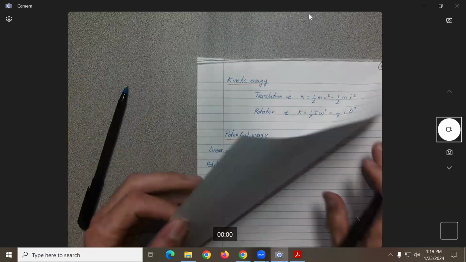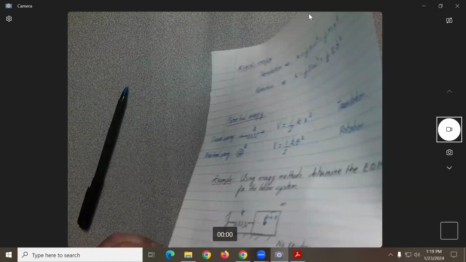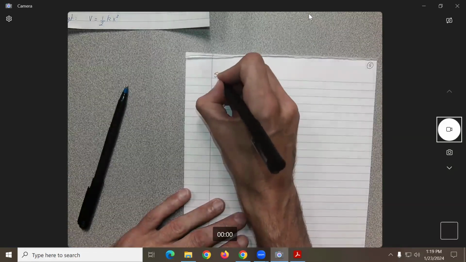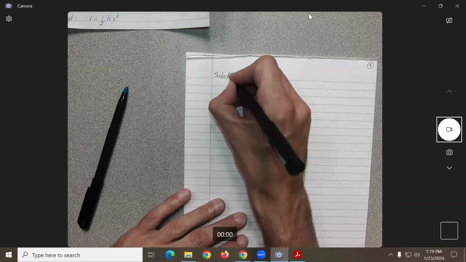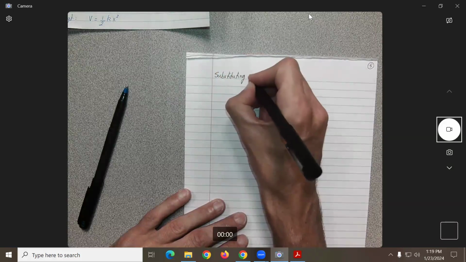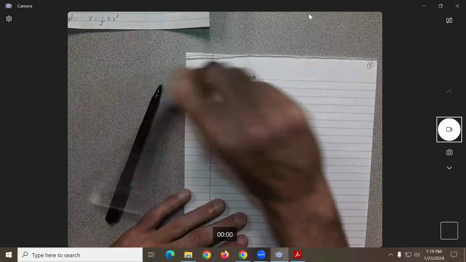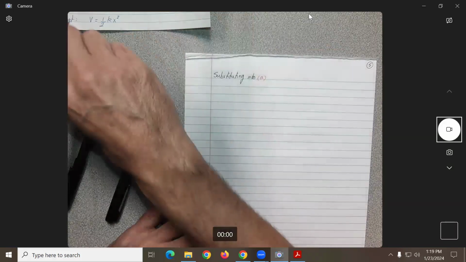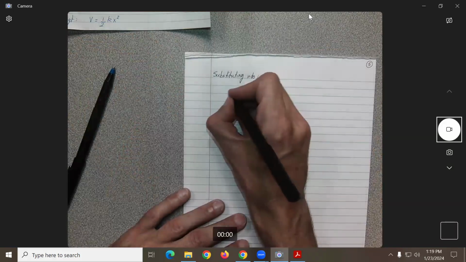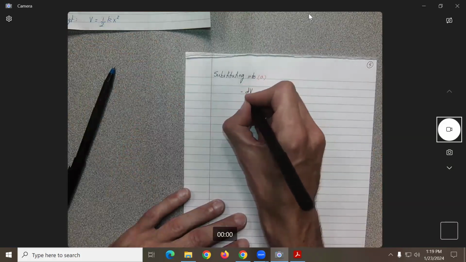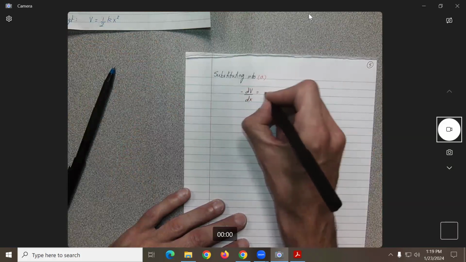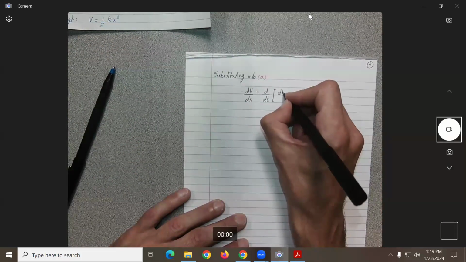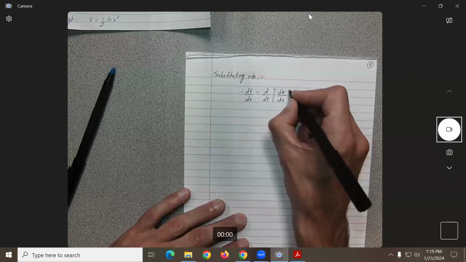So now if I say substituting into A, what do we get? So our equation is minus dV/dx equal d/dt of dK/dx dot.